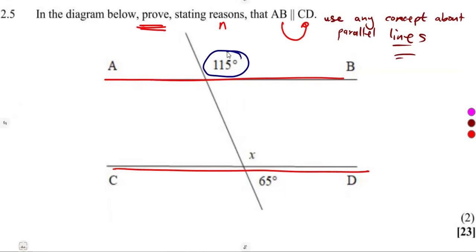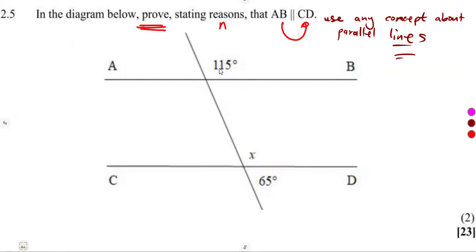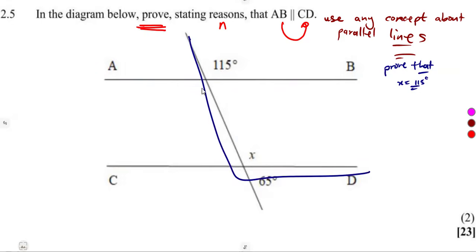The angle of 115 degrees, this one, must be equal to x, where we form what? F angles. Look at the F there. This one is inside, the other one is outside. Corresponding angles. So if truly these two lines are parallel, angle x must be equal to 115. So can we prove that? Prove that x is equal to 115 degrees, because if these are parallel, they will be called what? Corresponding angles, where we form an F.